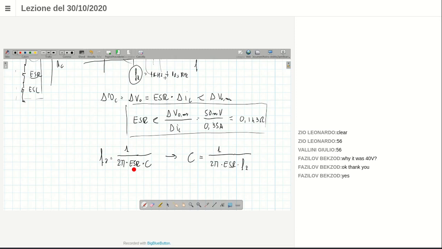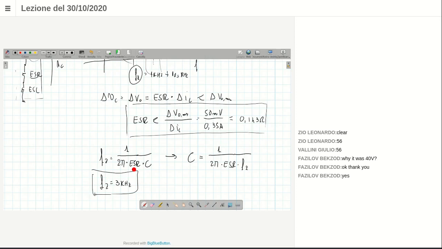We know that this is an electrolytic capacitor, let's say of rather bad quality, with Fz 3 kilohertz. Of course, the higher the zero frequency, the better.